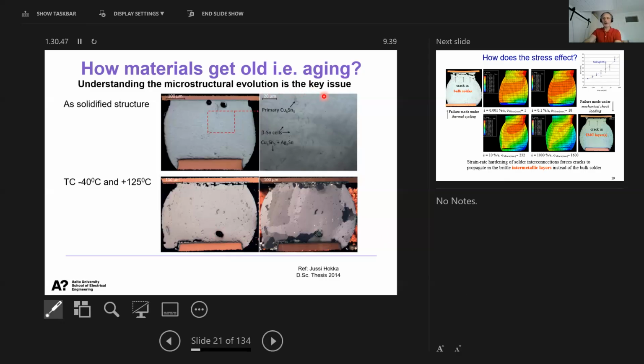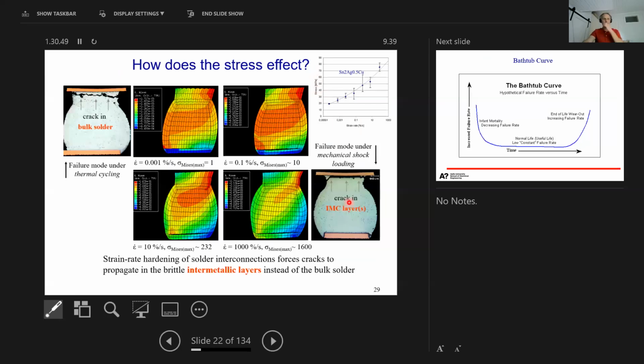Then one more thing, still looking at basically the same structure, and now with this picture, I want to highlight how the stress itself affects, and here the point is the strain rate.